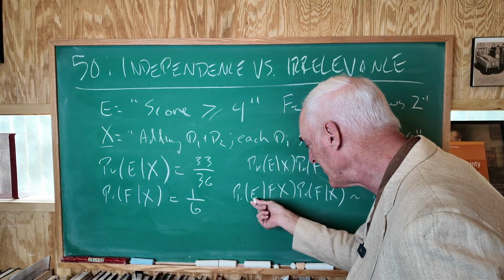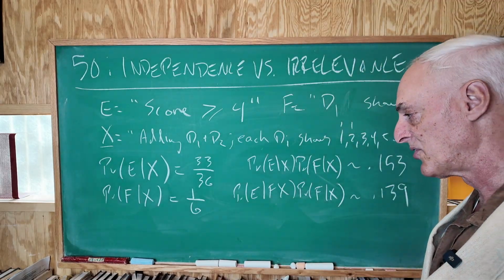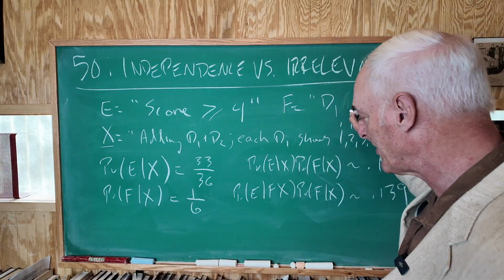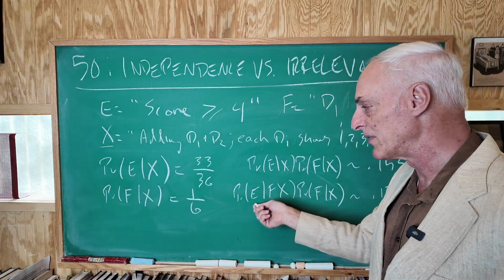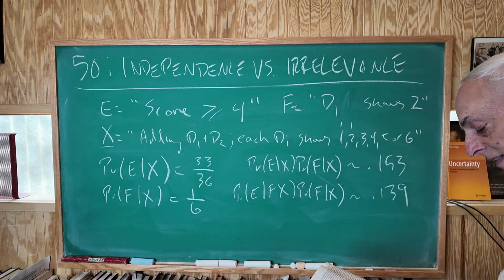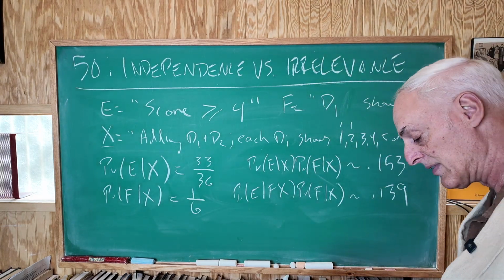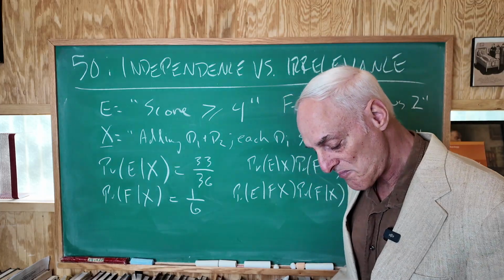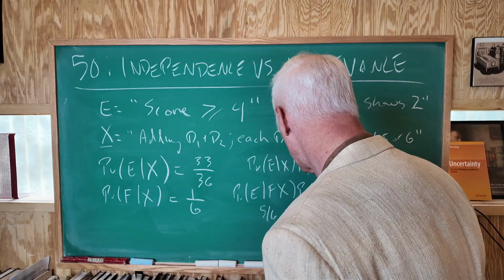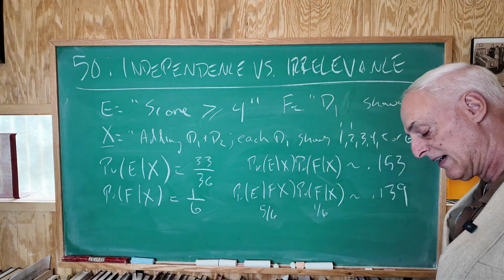This is the probability of F given X, which is still 1/6. This is the probability of E given we know F is true, or we assume F is true. Given that we assume the device shows a 2, what's the probability the score will be greater than or equal to 4? We can calculate that with absolute ease, and this particular probability happens to be 5/6, versus 1/6.